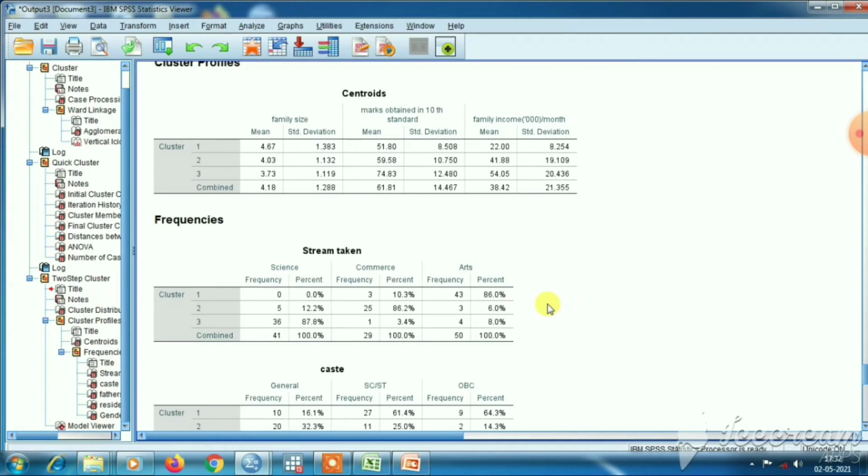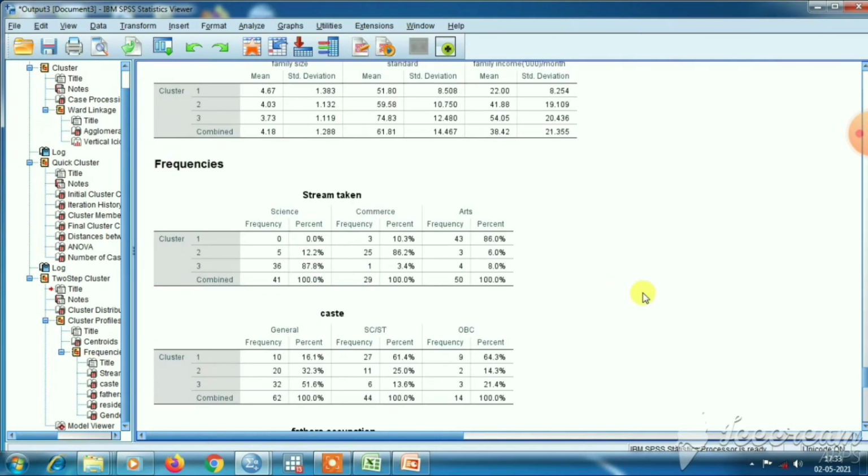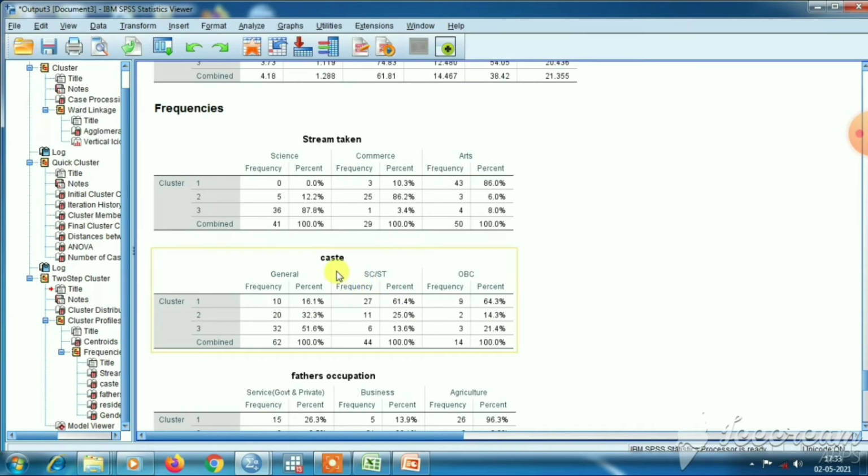Regarding arts, in cluster 1 86% of respondents are opting for arts, 6% in cluster 2, and 8% in cluster 3. So cluster 1 consists of the maximum participants opting for arts, cluster 2 mostly commerce, and cluster 3 mostly science. In this way we can explain.